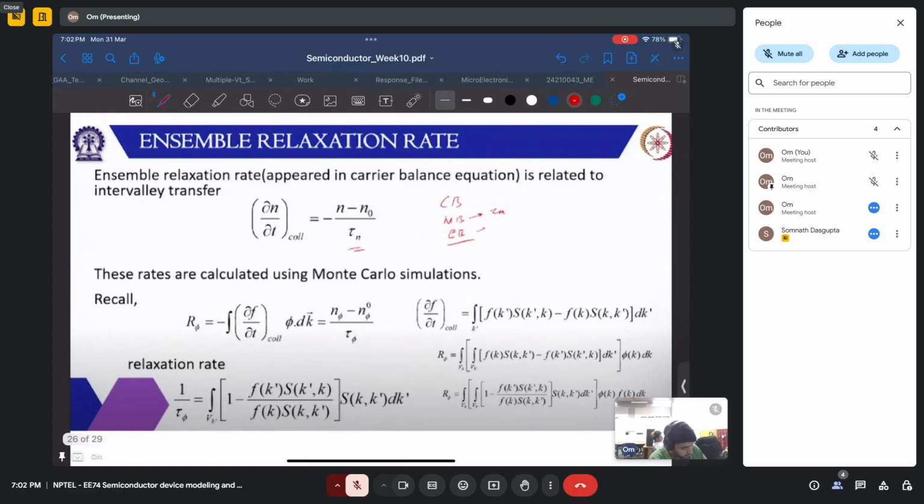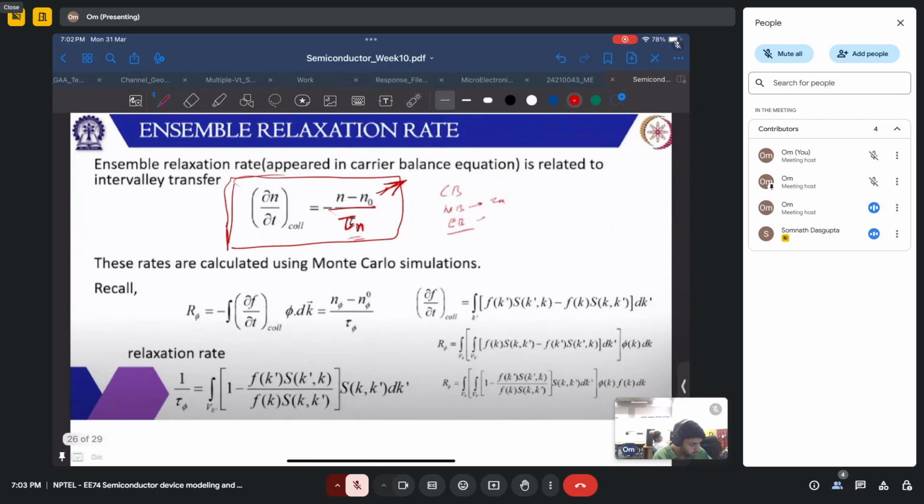So basically, what this means is simply, what is this delta n by delta t collision dependent on? It is basically the change in the carrier density of electrons between the two states divided by tau n, your carrier density relaxation time. This is also found from your carrier balance equation by changing that del n by del t to 0, what we call a steady state condition.